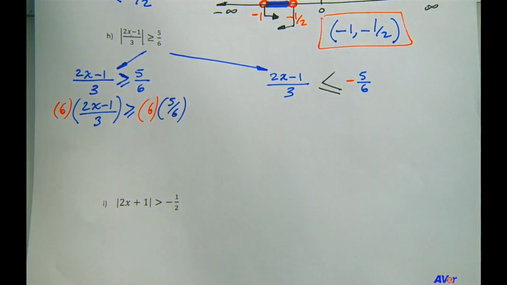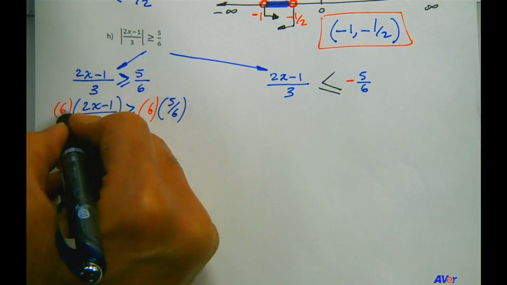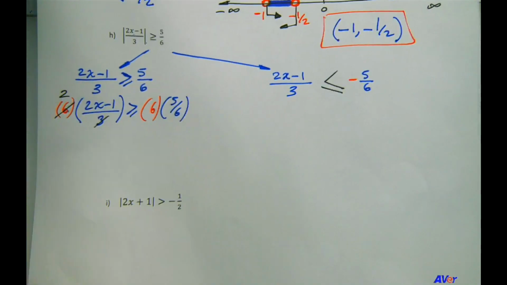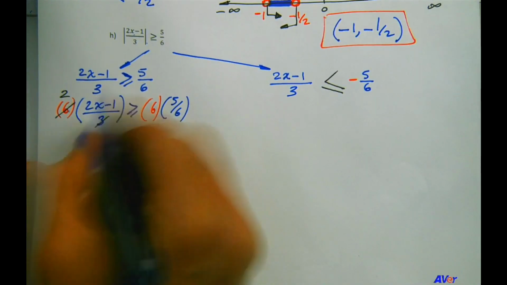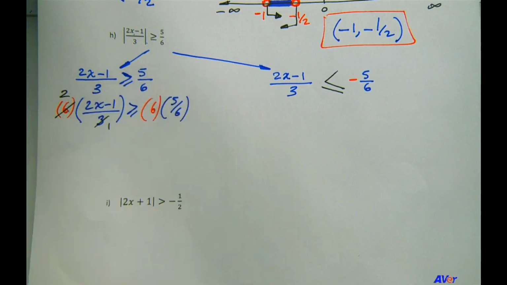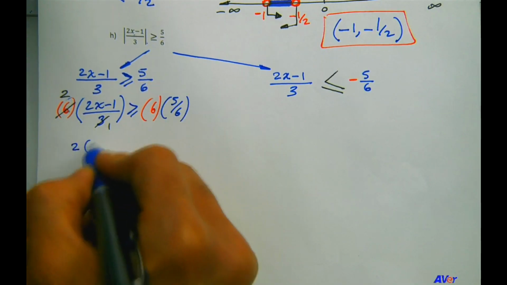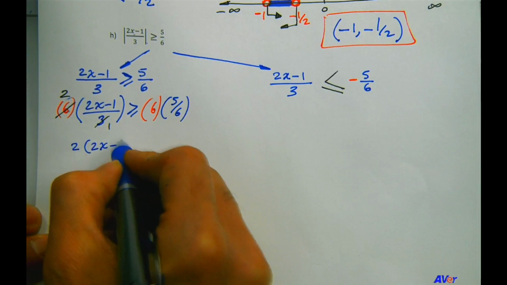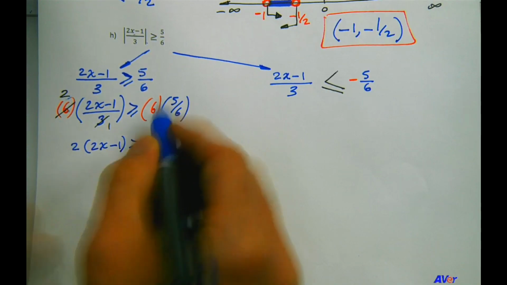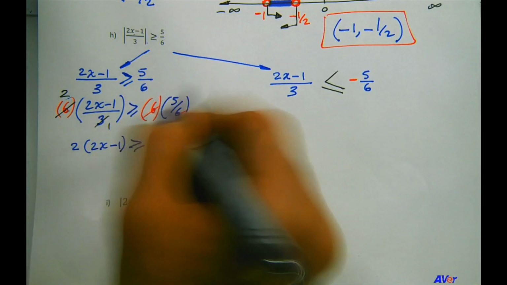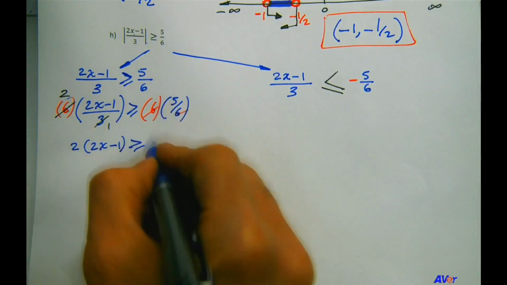So then the 3 goes away, 6 has a 3 factor, so that goes away, we're left with 2 on the left, and we have 1 here. So 2 times 2x minus 1 is greater than or equal to, the 6 and the 6 cancel each other out, we end up with 5, right?